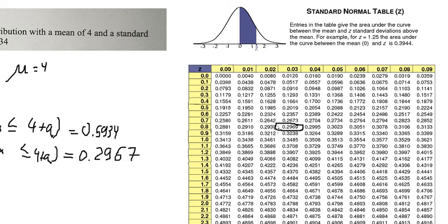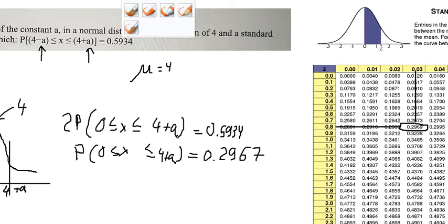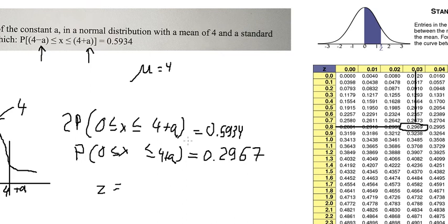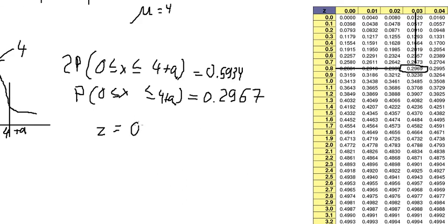And if we look on the table we will see that we can find the Z in here. We combine two numbers and we can see that Z equals 0.83. So we need to find Z equal to 0.83.